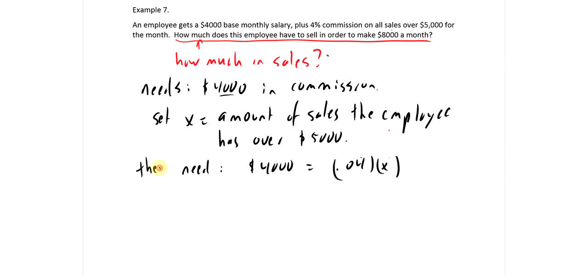So they need that much. So X is 4,000 over 0.04, which is $100,000 in sales. So if they make $100,000 in sales over 5,000, then they will make $4,000 in commission.